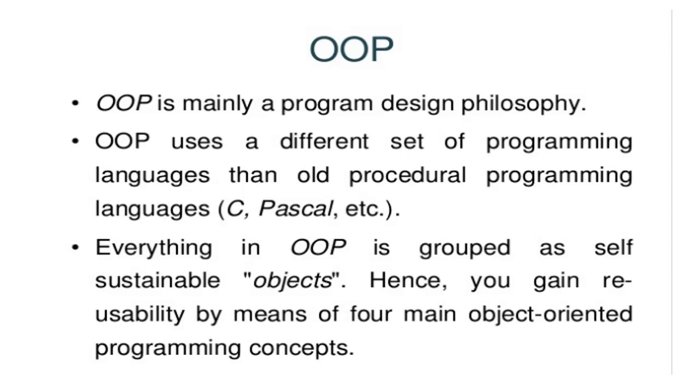It uses a different set of programming languages than old procedural languages, for example C, Pascal, etc. Everything in object-oriented programming is grouped as self-sustainable objects. Hence, you gain reusability by means of four main object-oriented programming concepts: encapsulation, inheritance, abstraction, and polymorphism.